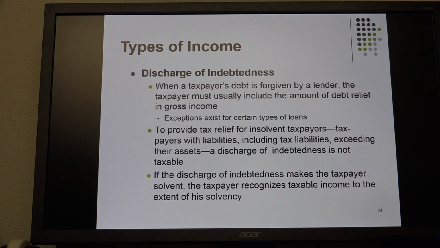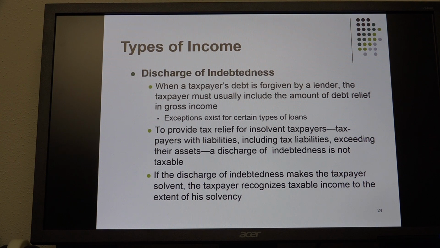Now, there is an exception to this. And so, if you are insolvent at the time of the discharge of the debt, then the discharge of indebtedness is not taxable to you.